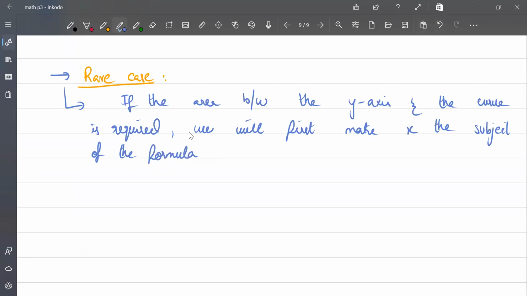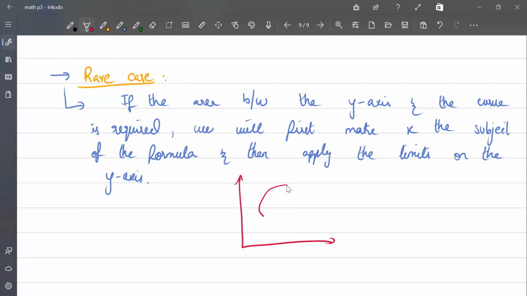If the area between the y-axis and the curve is required, we will first make x the subject of the formula, and then apply the limits on the y-axis.